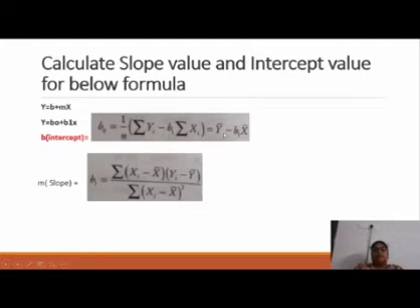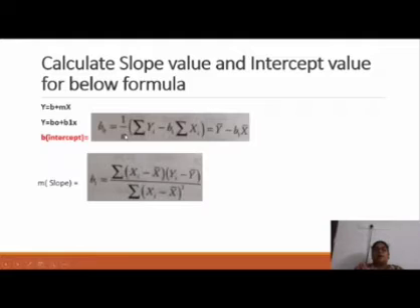The y bar, x bar values we know. So m is the slope. This is the slope formula. This is the intercept formula. So if you want to calculate the linear regression, y equal to mx plus b, the b0 and b1 values we calculate directly through the formula.